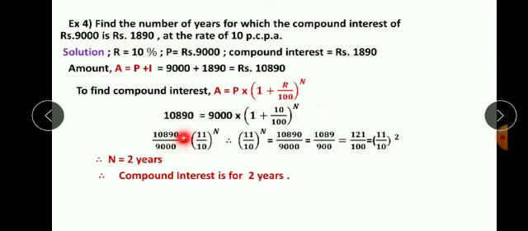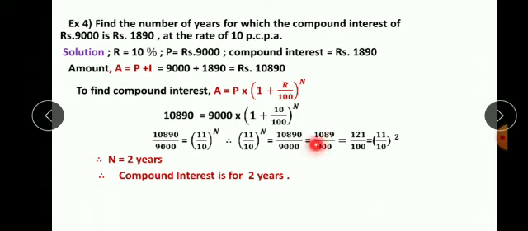Now here 9,000 we will divide. 10,890 is divided by 9,000. It is equal to what? Here do the cross multiplication. 1 into 100 plus 10, that is 110 upon 100. Then 110 gets cancelled. So what do we have then? 11 upon 10 to the power N. Therefore 11 upon 10 to the power N will be equal to what? 10,890 upon 9,000.